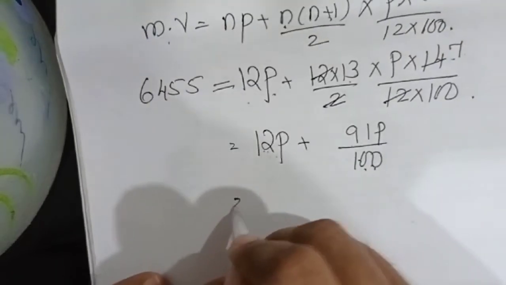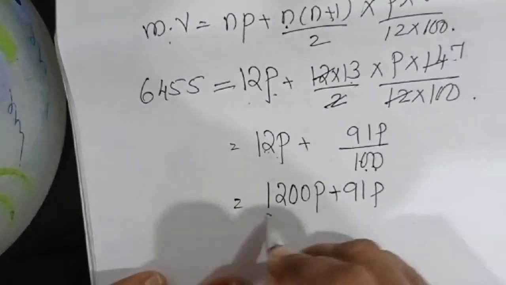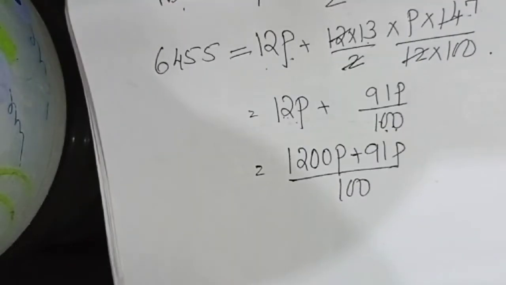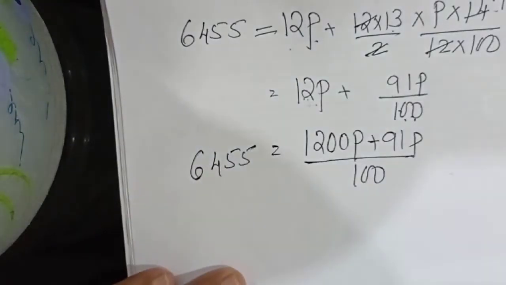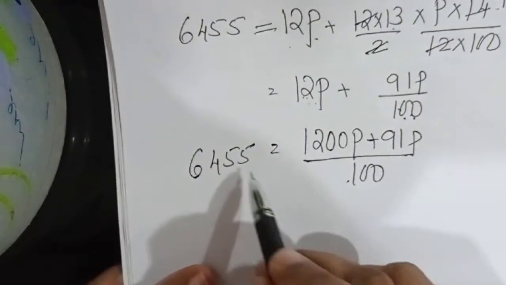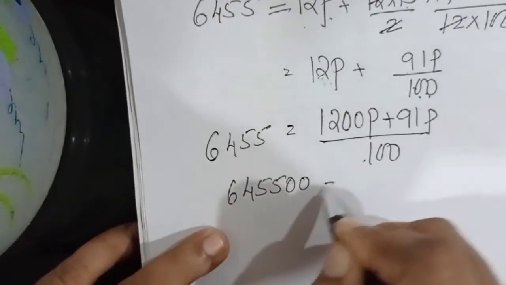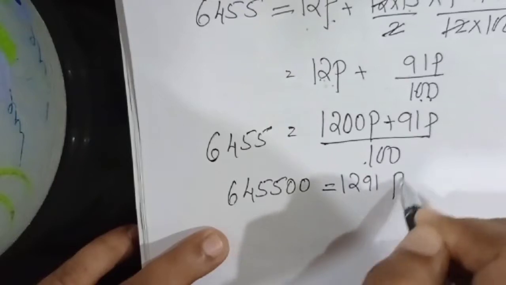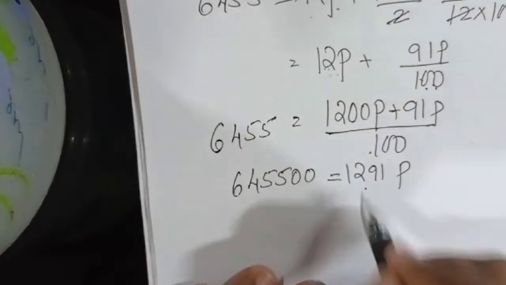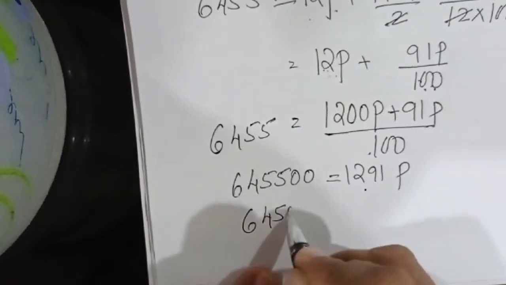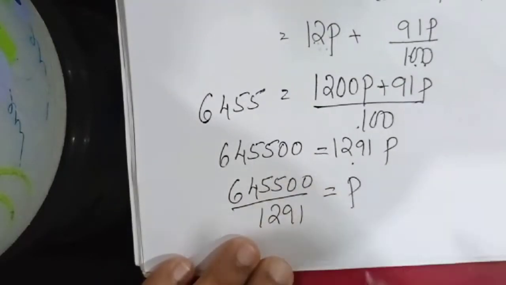Just cross multiply. 1200P plus 91P the whole by 100 is equal to 6,455. Now when you cross multiply, 6,455 00 equal to 1291P. Then 6,455 00 by 1291 equal to P.